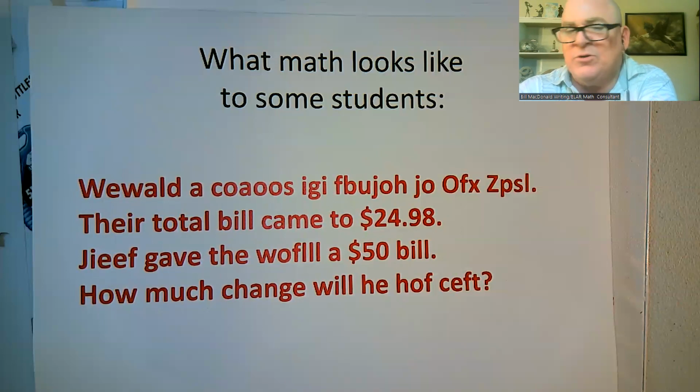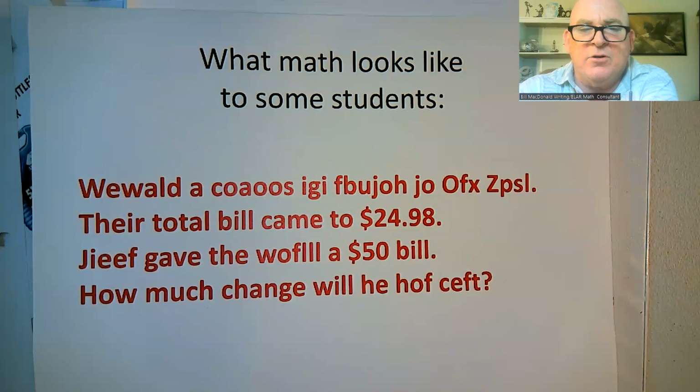So before I get into the lesson and how to convert across conversions so that we can understand a little better, let me try to read this to you. We walled a co-os igi Ojo, Joe Offix Zipcell. Their total bill came to $24.98.